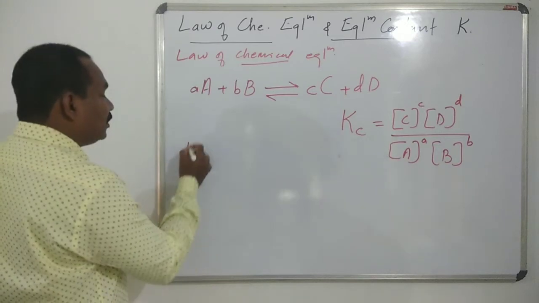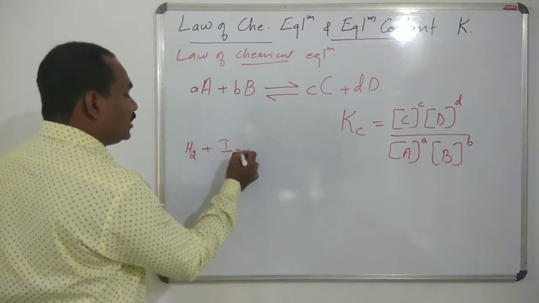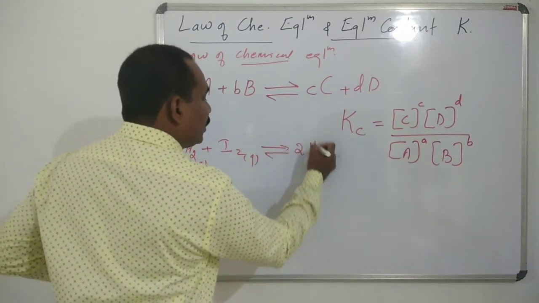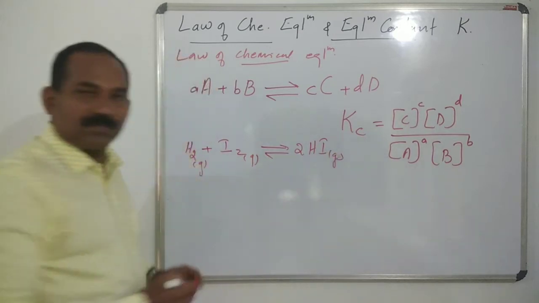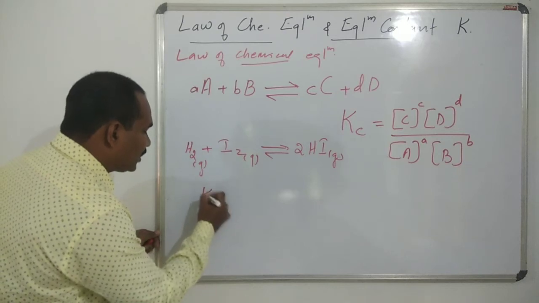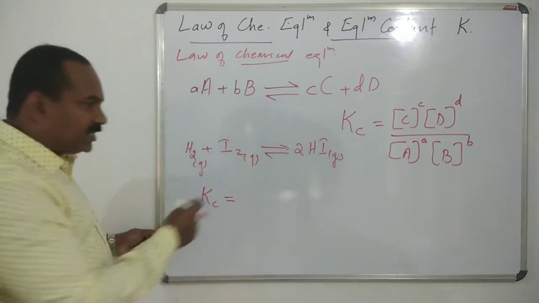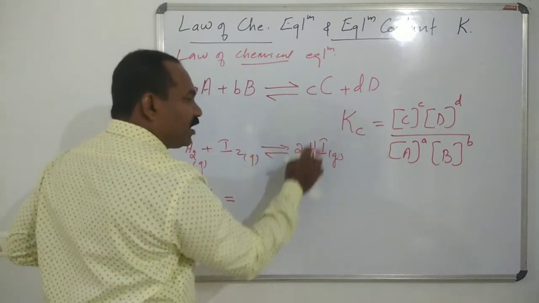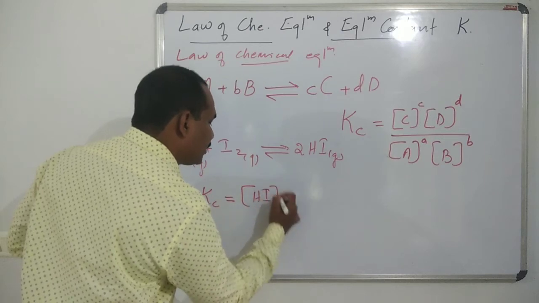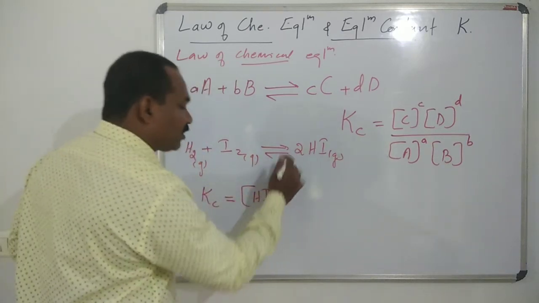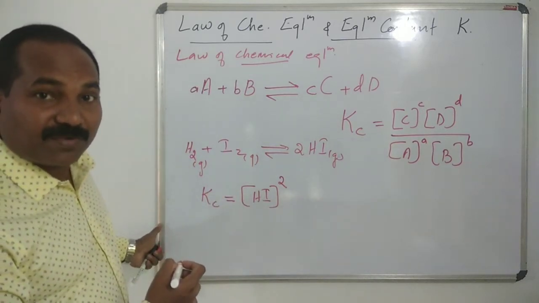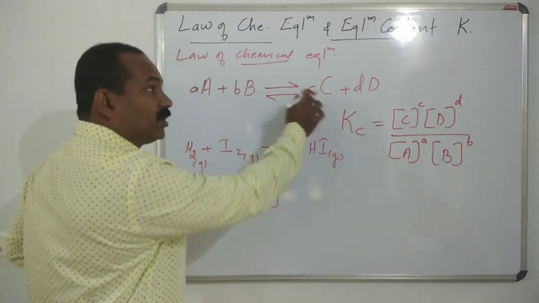Another one: H2 gas plus I2 gas gives 2HI gas. Please write the equilibrium constant. Kc is equal to, by considering the general reaction, here only one product. HI is the product, so concentration of HI, the stoichiometric coefficient is 2, so raised to 2. No more products.